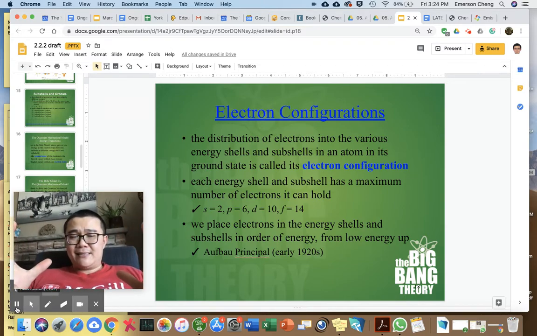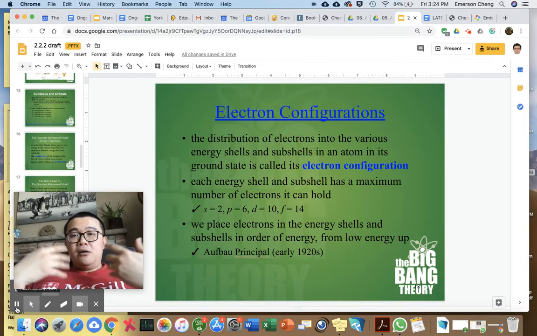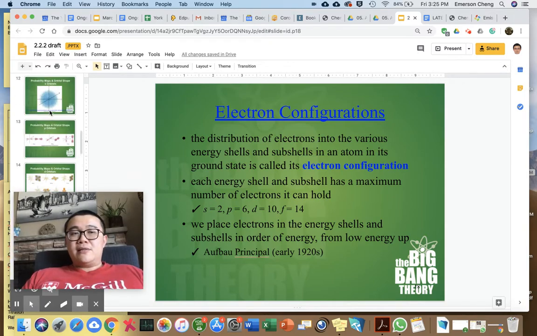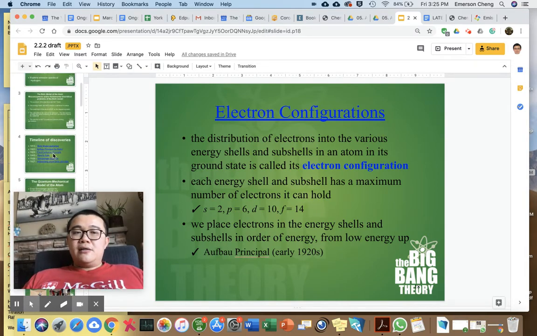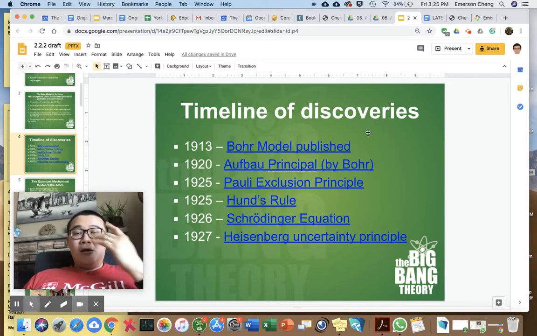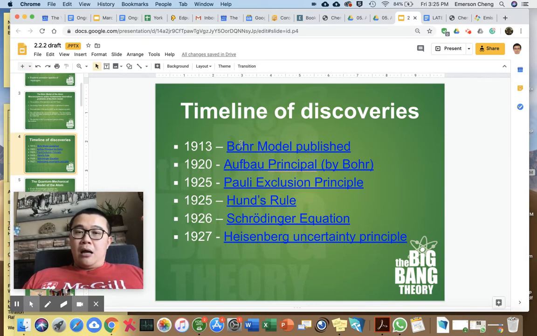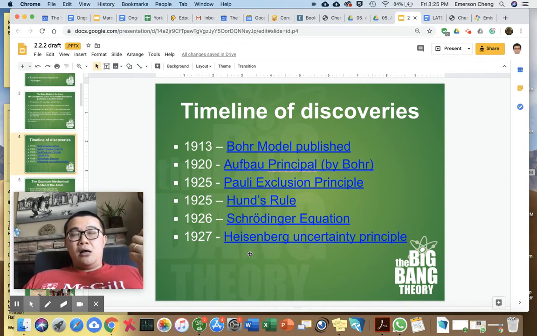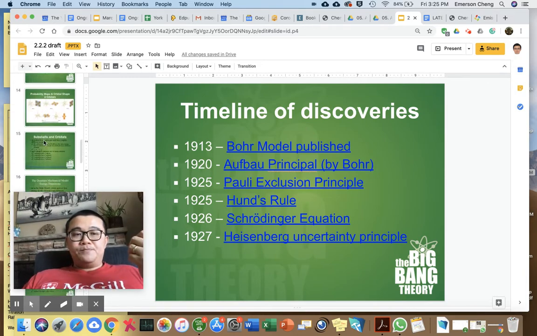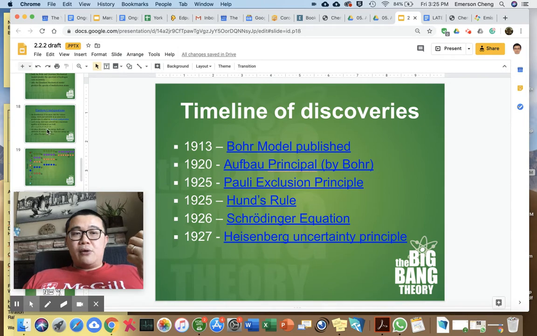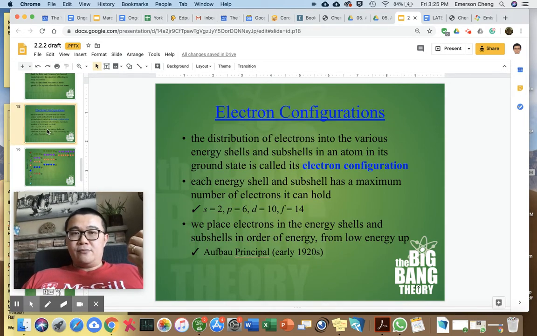As I said before, all these things I was just talking about are what happened from when Bohr published his Bohr model back in 1913, all the way till our current quantum mechanical model. So we're just building up the case so that we can start talking about electron configuration.